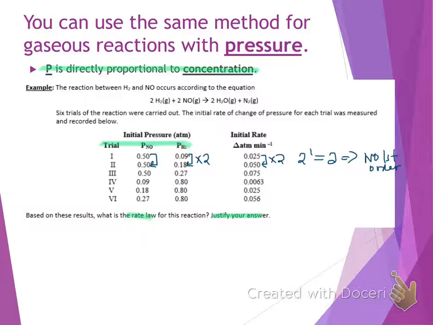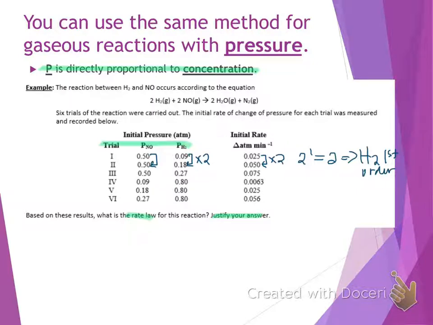As we look from trial 1 to 2, we can see that our pressure of NO is constant while the pressure of H2 is doubled. So we had to find some place where one stays constant and the other is changing. We could have also looked at trials 2 to 3, but that's just a little bit harder math.